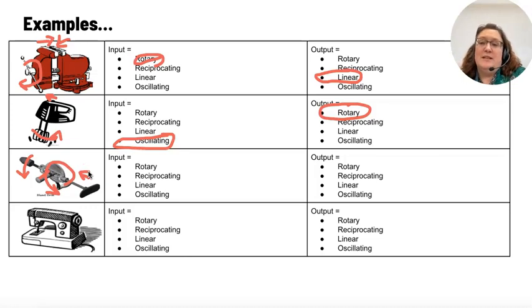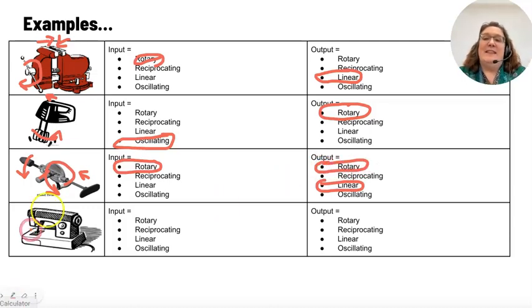So your input in this one is really rotary because your only real input is the handle that you're turning. But your output is going to be two things. It's going to be linear because you're leaning on it to push it through a material. And it's also going to be rotary because it's also spinning the drill bit head as it goes through the material.